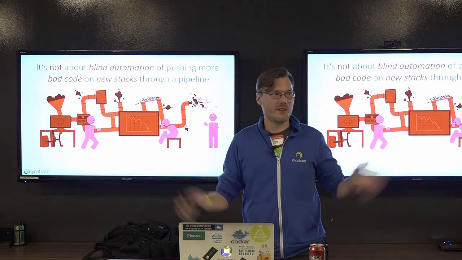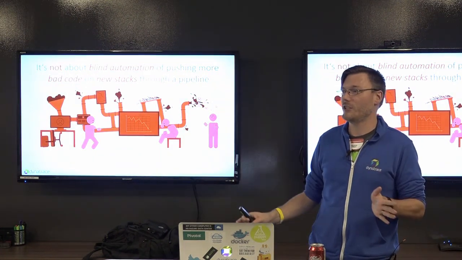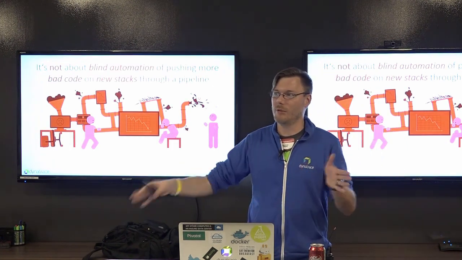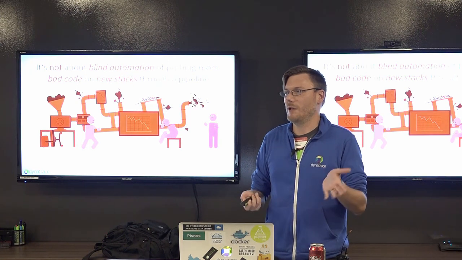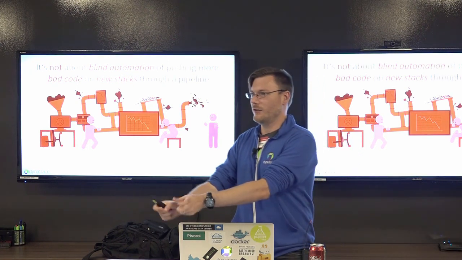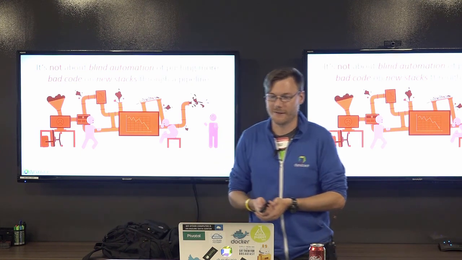So when we start to build these pipelines, all this automation is great. It's fantastic. We're doing a really great job. But if we don't start implementing more quality checks along the way, we're just improving our ability to make nice, neat piles of stuff you'd put in your garden.